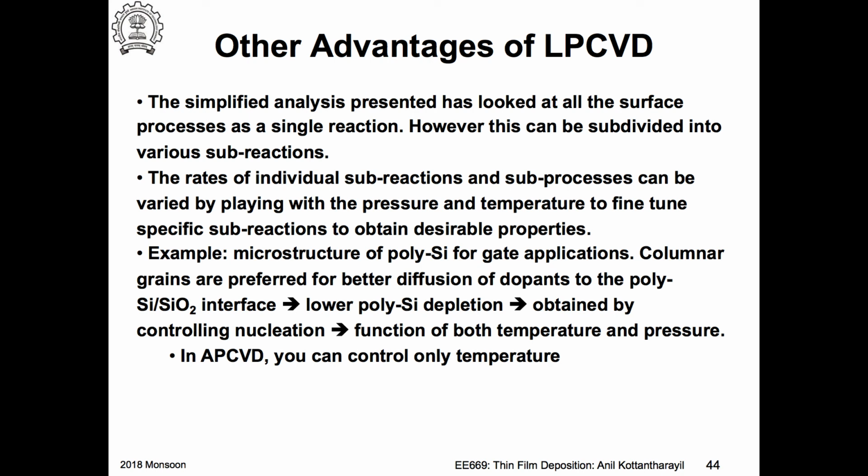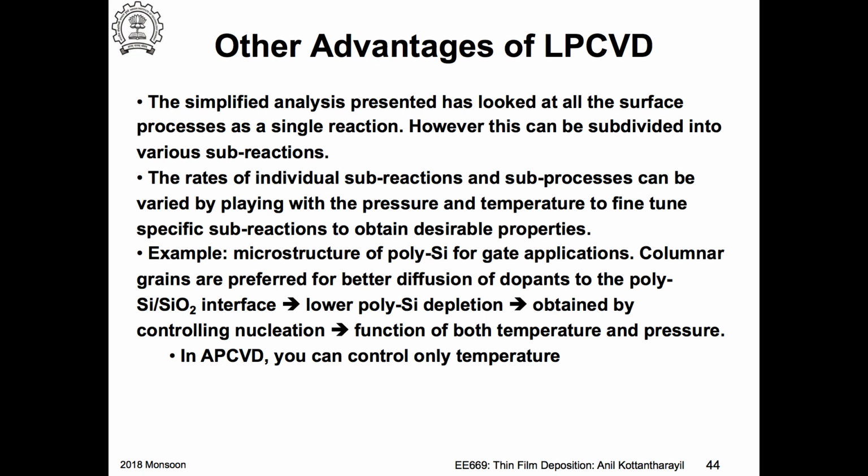In older VLSI technology, where you use polycrystalline silicon as the gate, you would really like these grains to be vertical. There is some reason for this that we can discuss later on. So, columnar grains are preferred for better diffusion of dopants to the polysilicon silicon dioxide surface. So, we will discuss it in the next class.